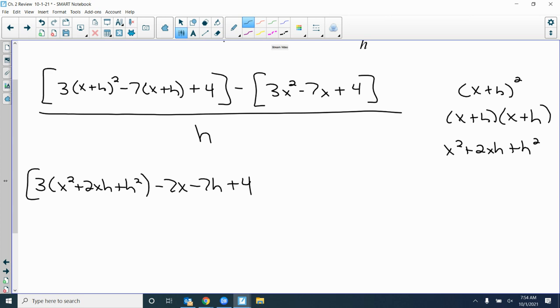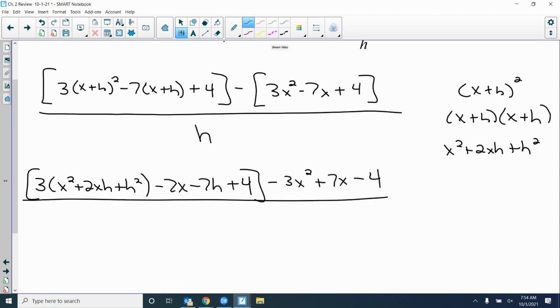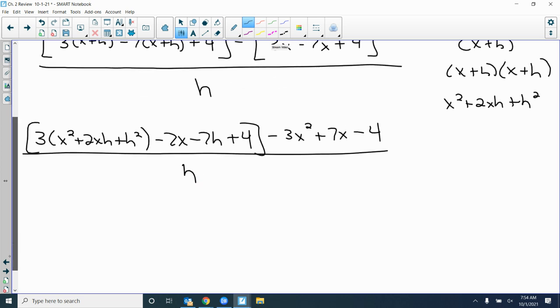Okay, all of that. Now I'm going to go ahead and distribute my negative. Minus 3x squared plus 7x minus 4 all over h. So you have to distribute that negative because you're subtracting a quantity. All right, I'm going to distribute the 3 and then start combining some like terms.